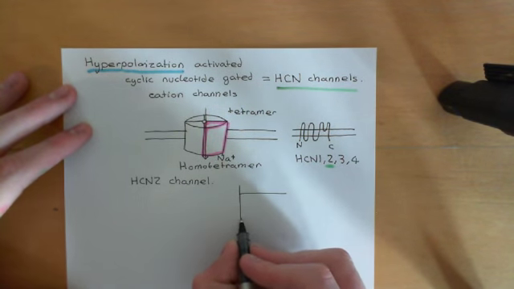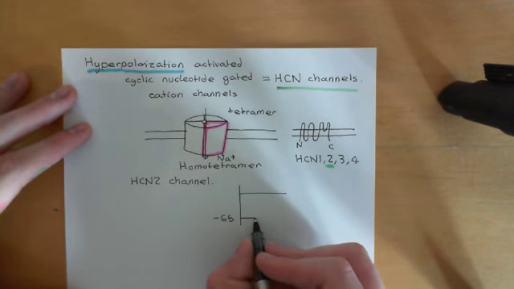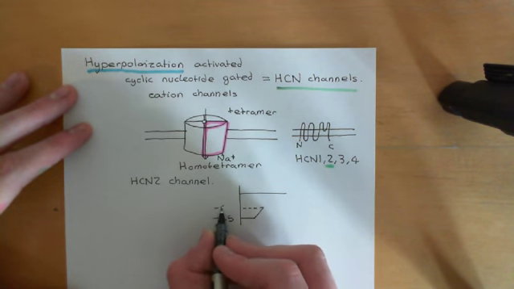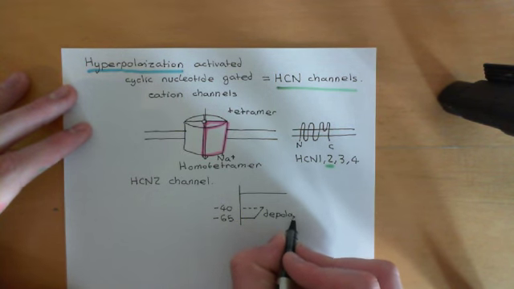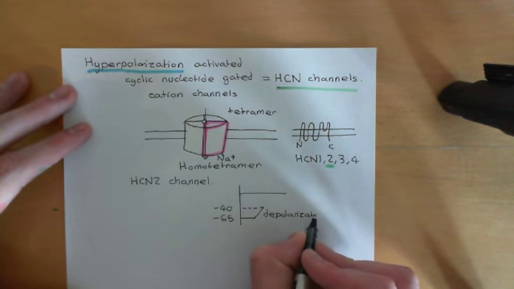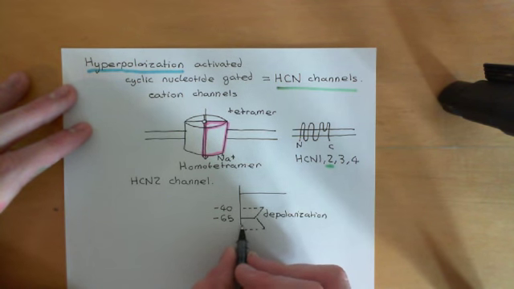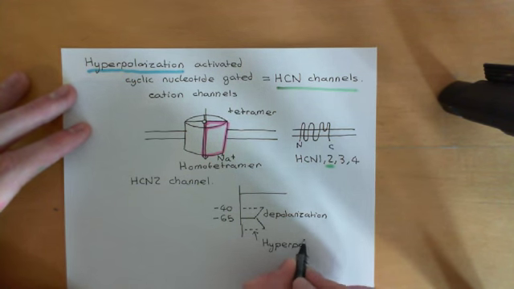In order to activate the voltage-gated sodium channels, we needed the electrical potential difference across the cell membrane to be moved up to that threshold potential of negative 40 millivolts. That was a depolarization. These HCN channels are actually activated by taking the electrical potential difference down to some hyperpolarized threshold potential, and I'm afraid I don't know what the normal number for that is, but some hyperpolarized threshold potential down here, basically.